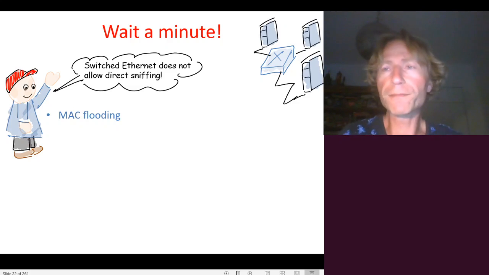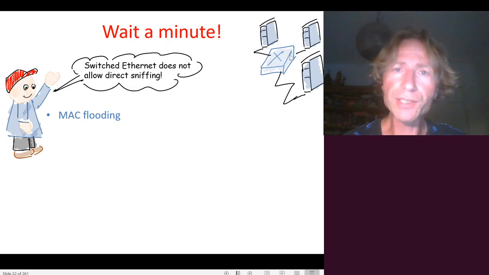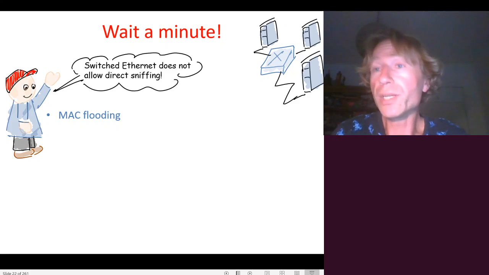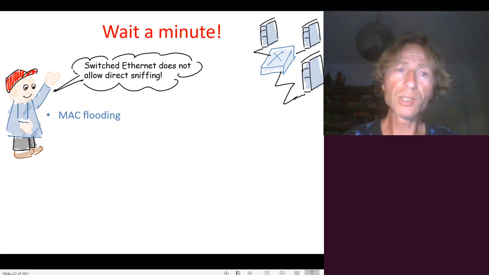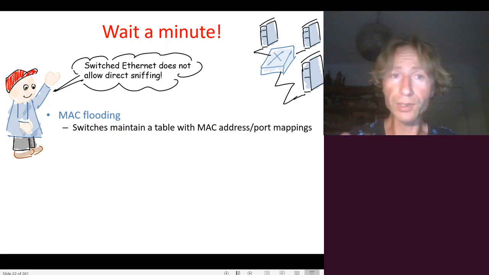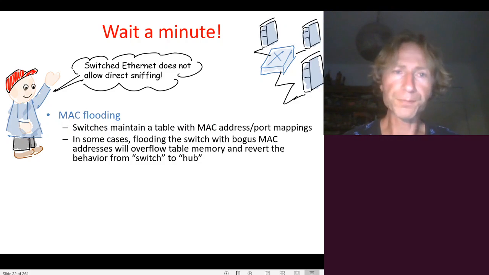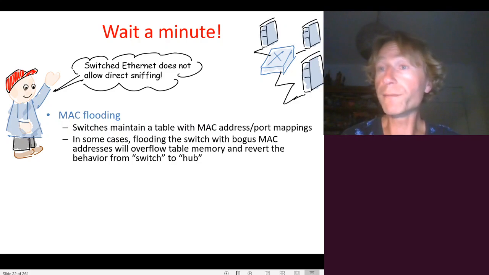The first is MAC flooding. So remember, this switch has a switch table, and that switch table has only a finite capacity. So what we can do is try and flood the table, right?